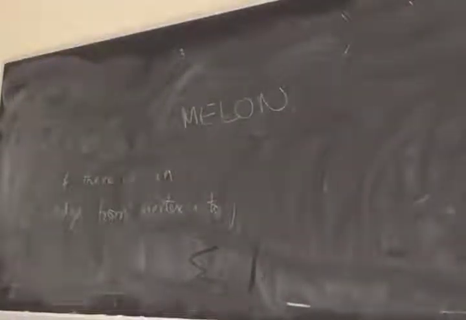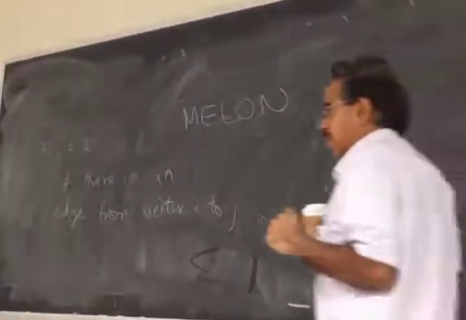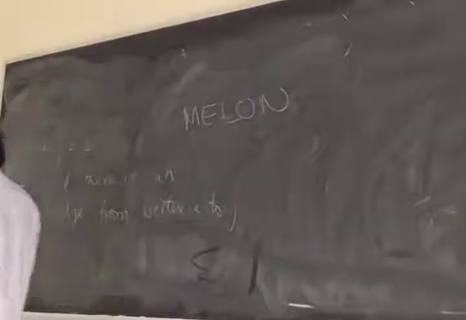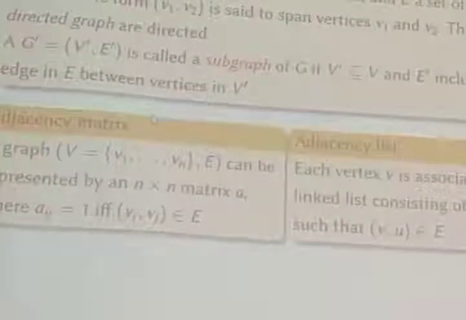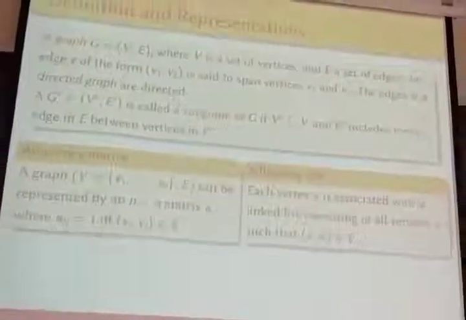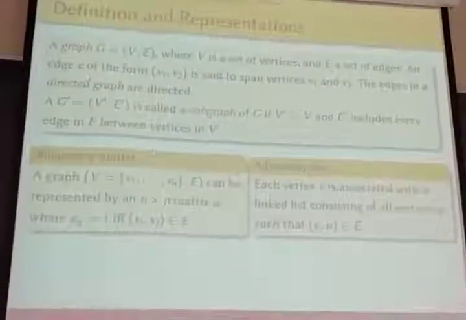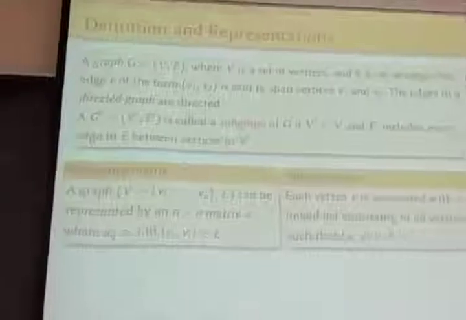So that's the definition of an adjacency matrix. And for the adjacency list, instead of using an array, you use more like a linked list. Associated with each vertex, you keep all of the edges that are incident on that vertex.